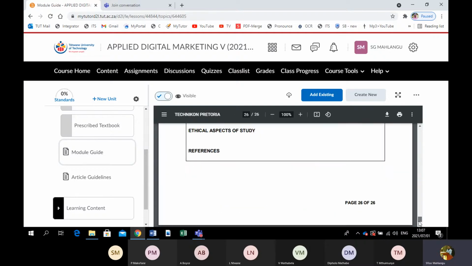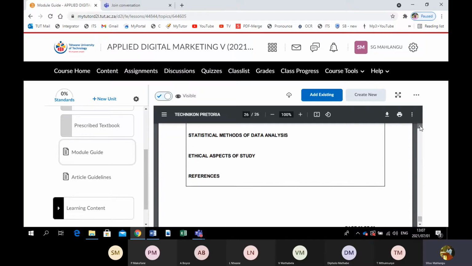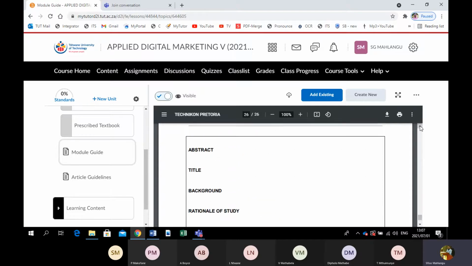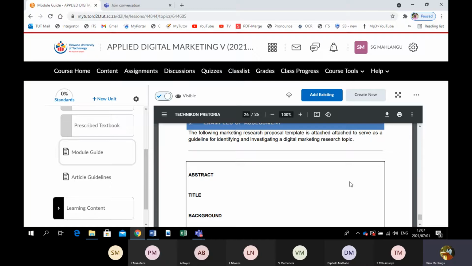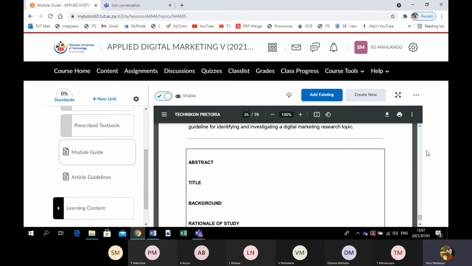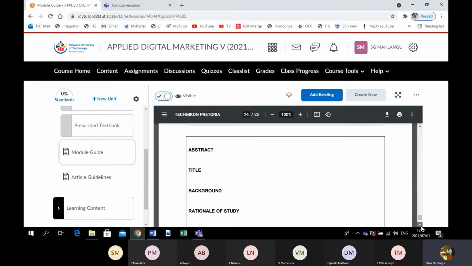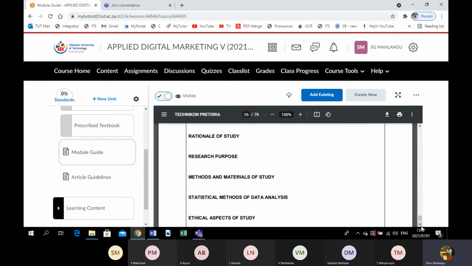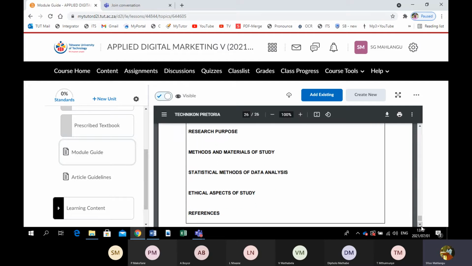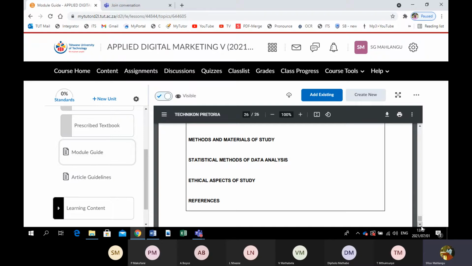And page 26, I'm not gonna download it and view it because it's just a few things. So this is the guidelines that you'll be using to develop a research proposal. This is a template basically. Abstract, title, background, rationale, research purpose, methods, material, statistics, ethical aspects, and reference.